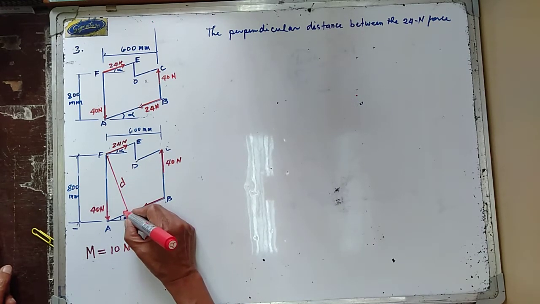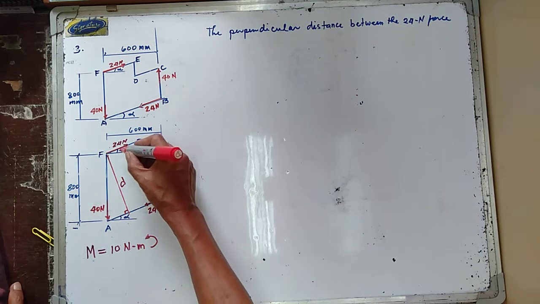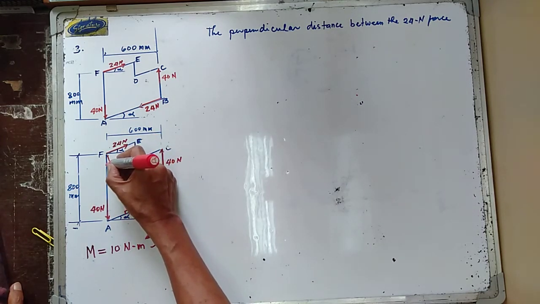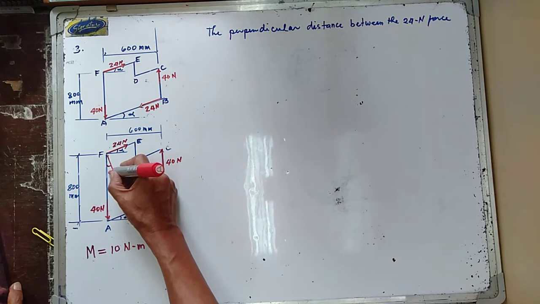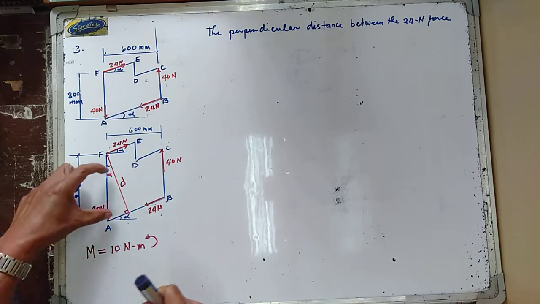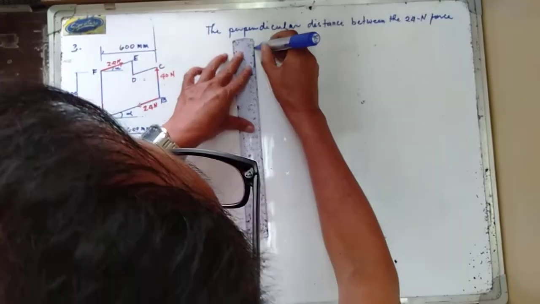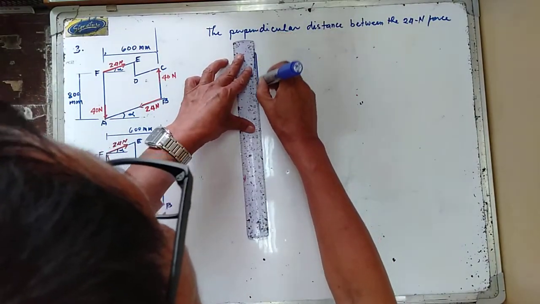This is now 90 degrees. If you have alpha in here, this one is also equal to alpha. Now, let us isolate this triangle.